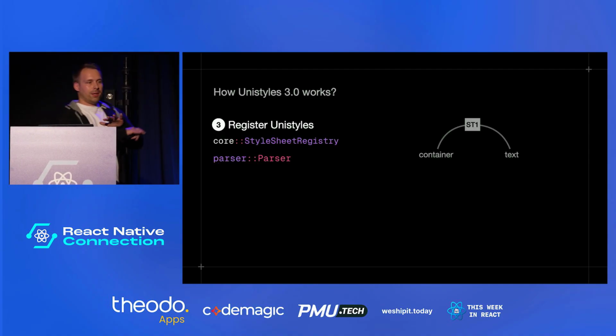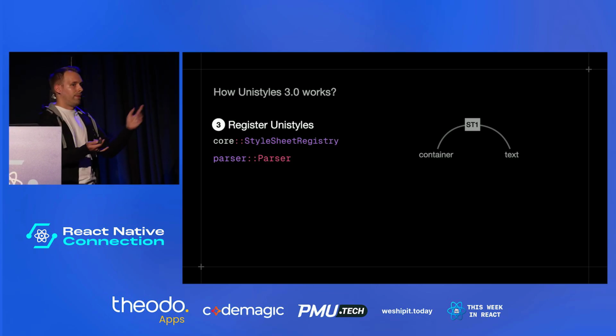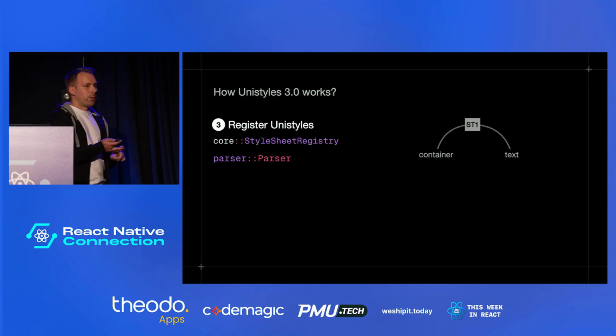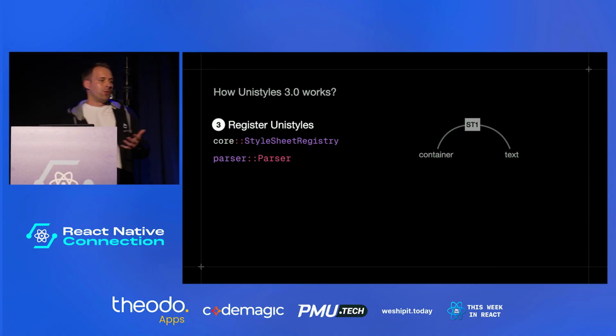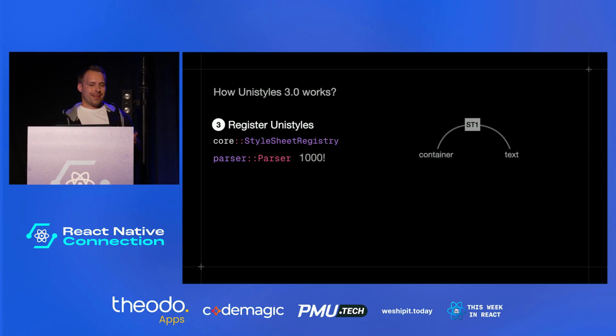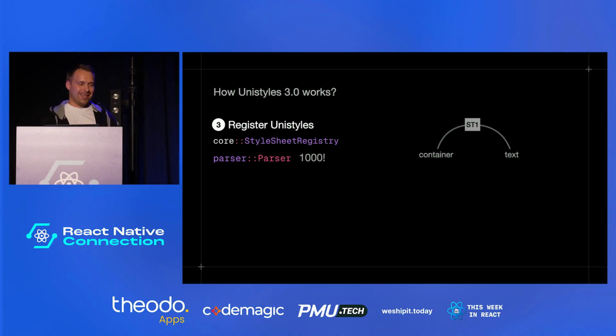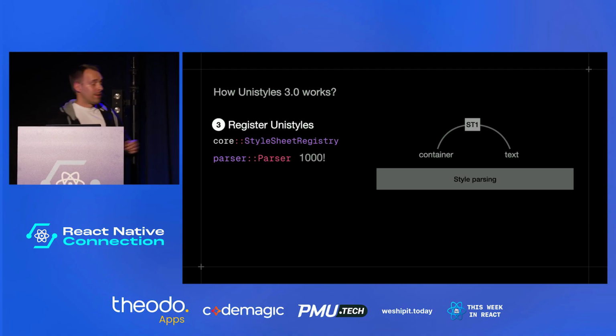Now, before I do anything, I need to parse your style sheet, because you may have a lot of breakpoints, media queries, and weird syntax that is not available in the React Native style sheet. And actually, our parser on the C++ side has exactly 1,000 lines. I checked it yesterday.